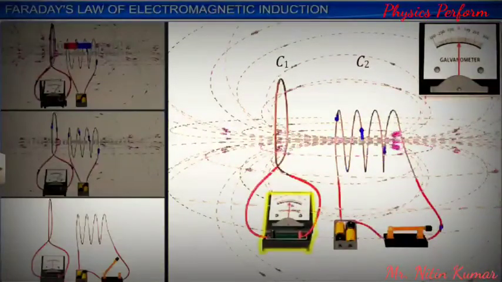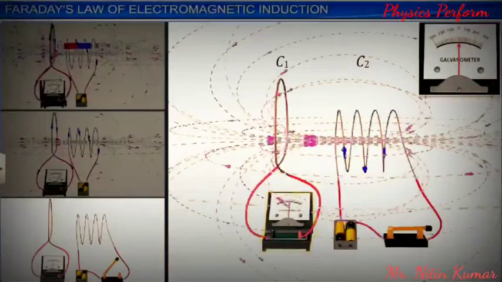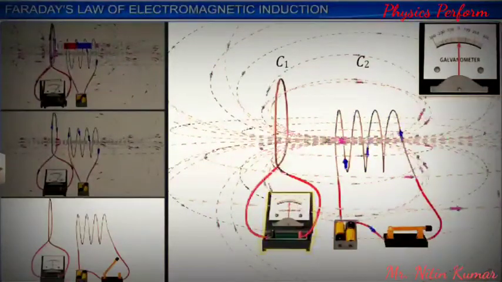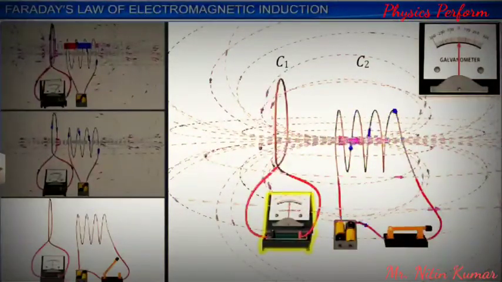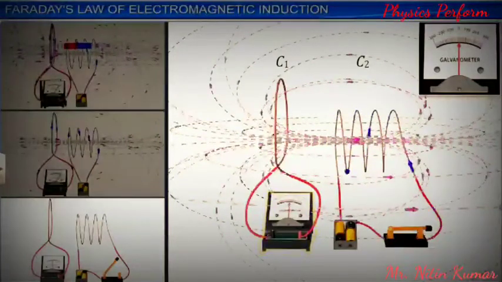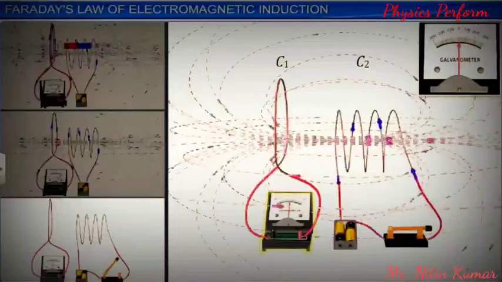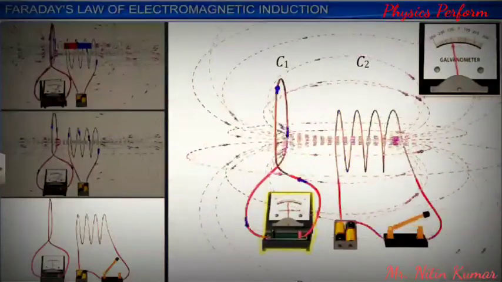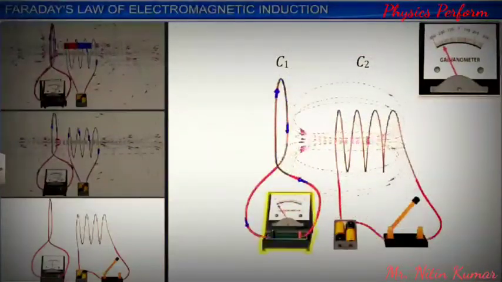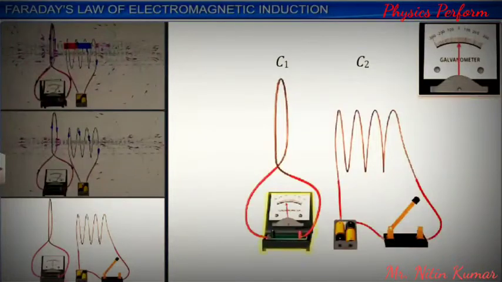If the key is kept pressed, there is a steady magnetic field across coil 1. Thereby, there is no EMF induced in it and the current drops to 0. When the tap key is released, the current in coil 2 decreases from a maximum value to 0 in a short time, resulting in the magnetic flux across coil 1 to drop suddenly, thereby inducing an EMF in it.